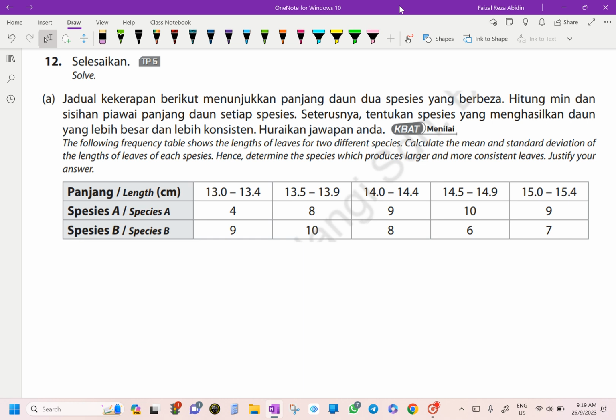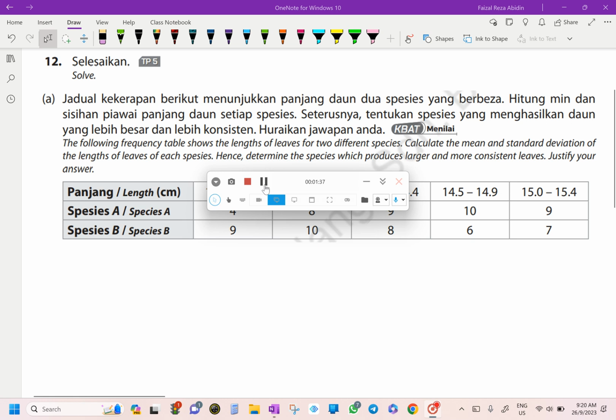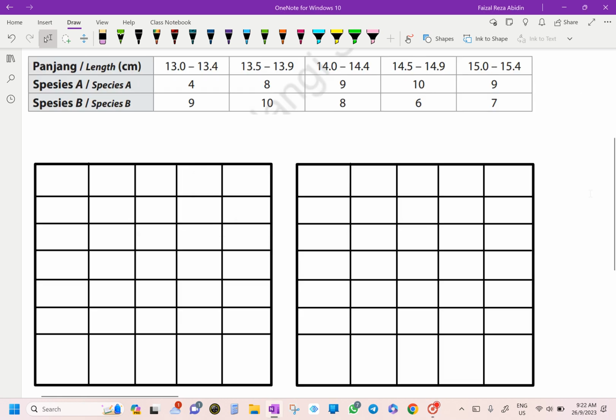So, we find what first? Mean. If you look over here, I'm going to do my table first. Table for species A and species B. We construct the table here.